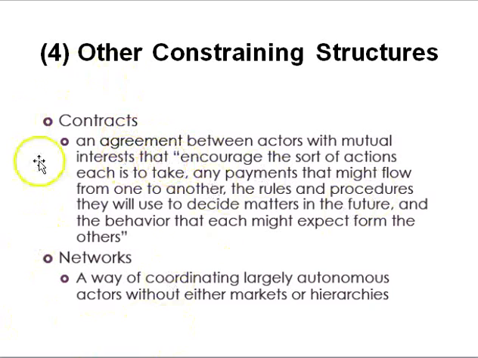These days, these two concepts are a hot topic in the PA field. A contract basically means an agreement between actors with mutual interest that encourages the sort of actions each is to take, any payments that might flow from one to another, maybe from government to contractor, the rules and procedures they will use to decide matters in the future, and the behavior that each might expect from the others. But networks is a more flexible concept. It is about the way of coordinating largely autonomous actors and stakeholders without either markets or hierarchies.